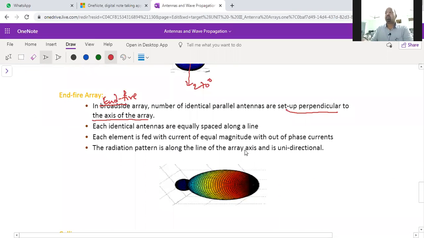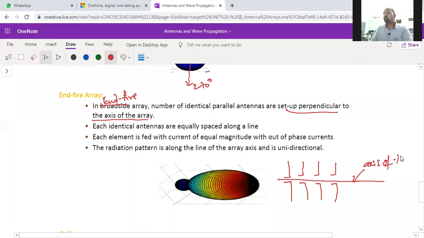In a broadside array also, this is the axis, and antennas are arranged perpendicular to the axis of the array, like this. So this is the axis of the array, and antennas are arranged perpendicularly, same as in a broadside array.